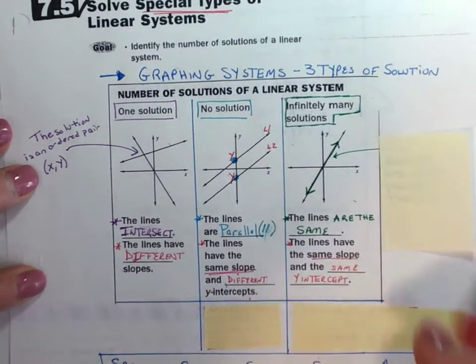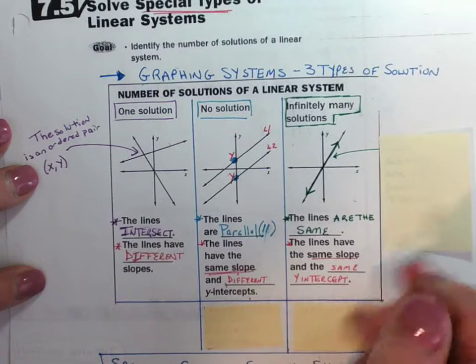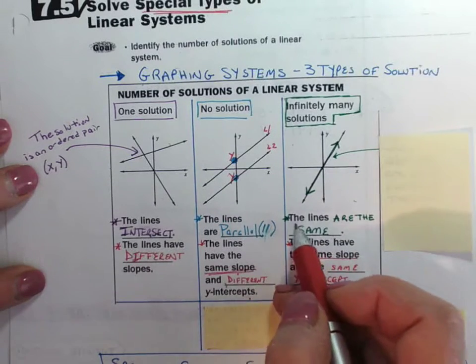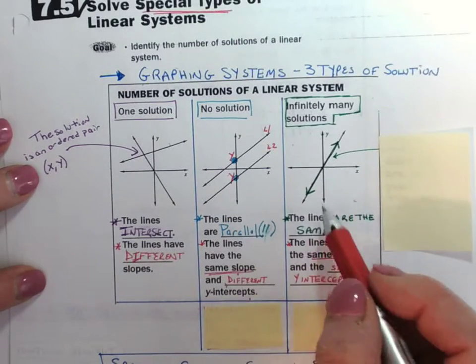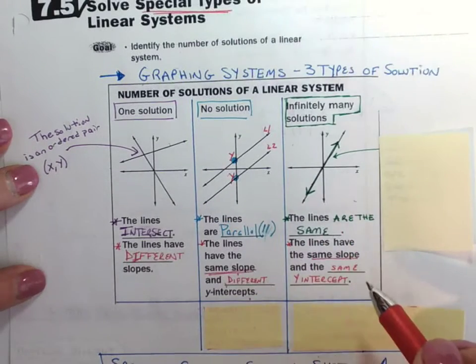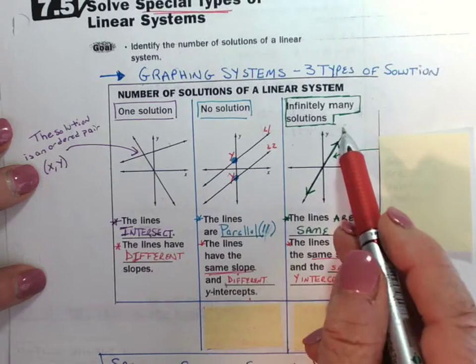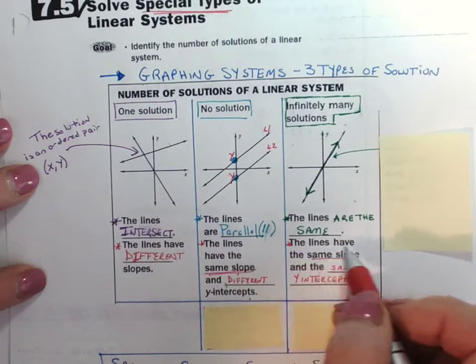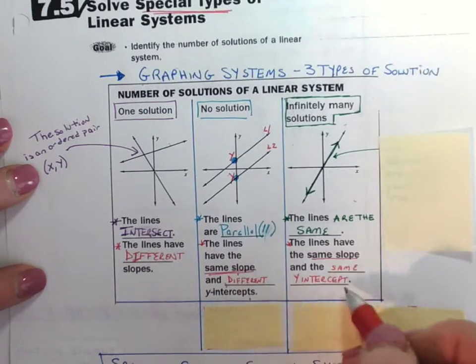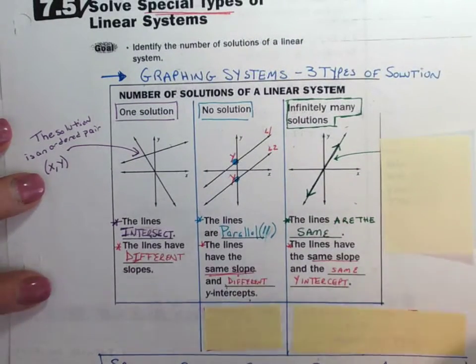Next, we have infinite solutions. The lines are the same. If you have 2 equations and they turn out to be identical, you're going to have 2 lines and they're going to sit on top of each other. The lines have the same slope and the same y-intercept.